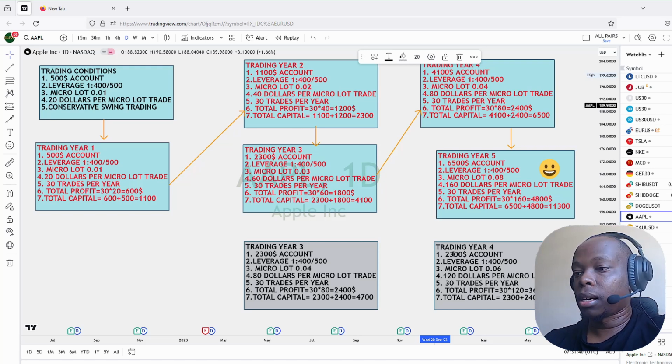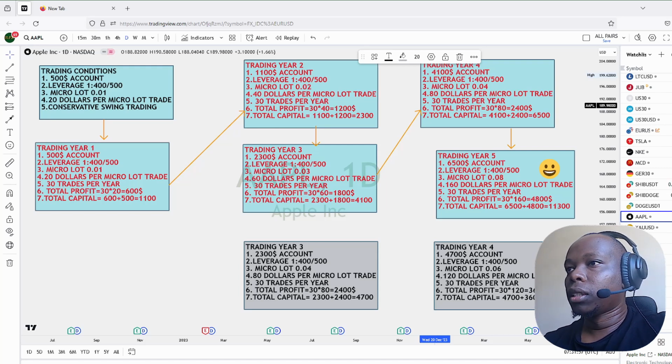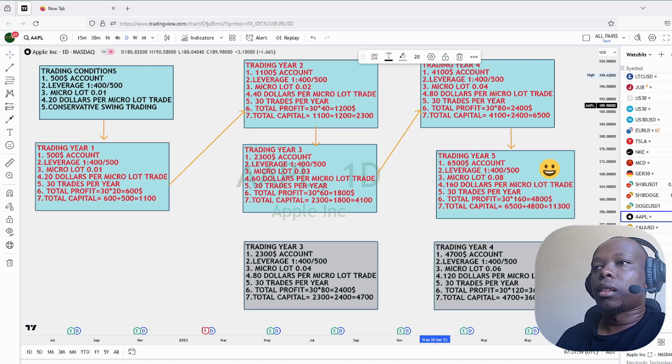I made that mistake. Let me just adjust. So we're doing here 4,700 plus 3,600. So 4,700 plus 3,000 will be 7,700 plus 600 will be 8,300.